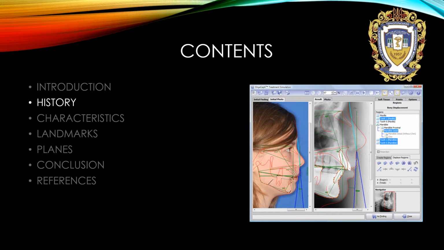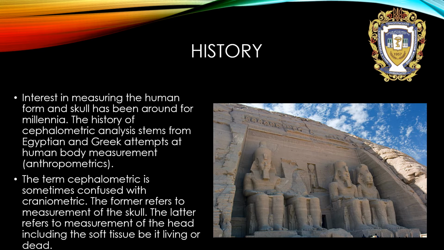History. Interest in measuring the human form and skull has been around for millennia. The history of cephalometric analysis stems from Egyptian and Greek attempts at human body measurement, anthropometrics.